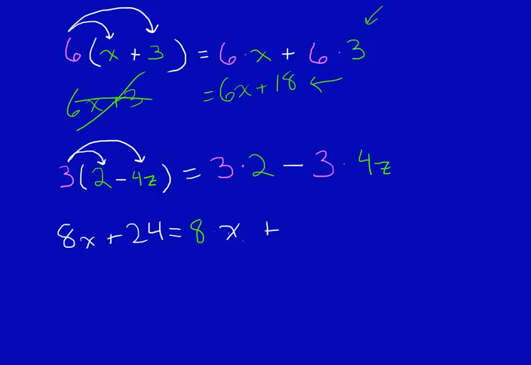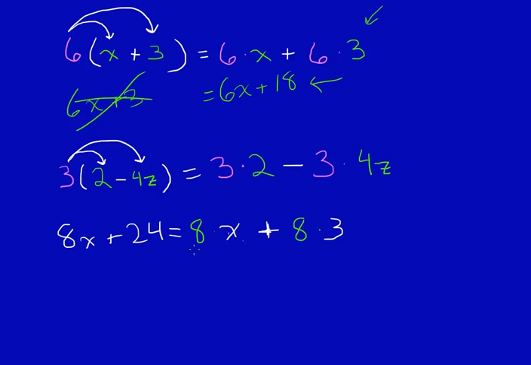Plus 8 times 3. So here I have 8 times x, and here I have 8 times 3. This is a plus right here, sorry. And hopefully you can agree that this is the same as this. 8 times x is the same as 8x. And 8 times 3 is the same as 24. So these are equal expressions right here. They're really the same thing.